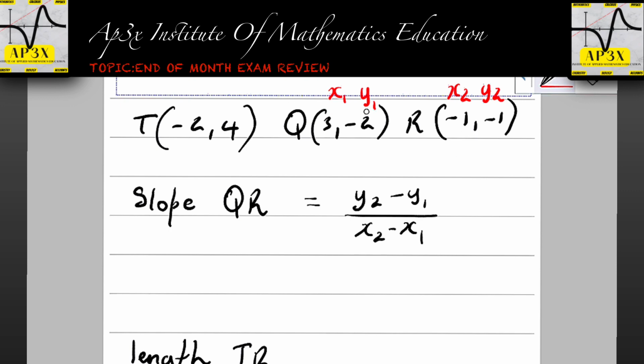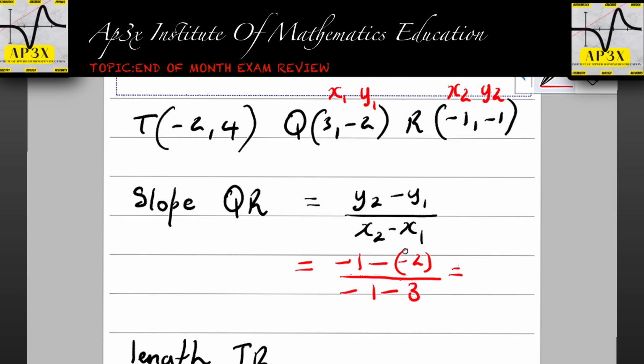Now, since we've labeled the points here, we can just simply go ahead and say y2 according to the label is -1. And I'm going to take away y1, which is in fact -2, so that's -1 take away -2. And that's going to be divided by x2, which is -1, take away x1, which is 3.